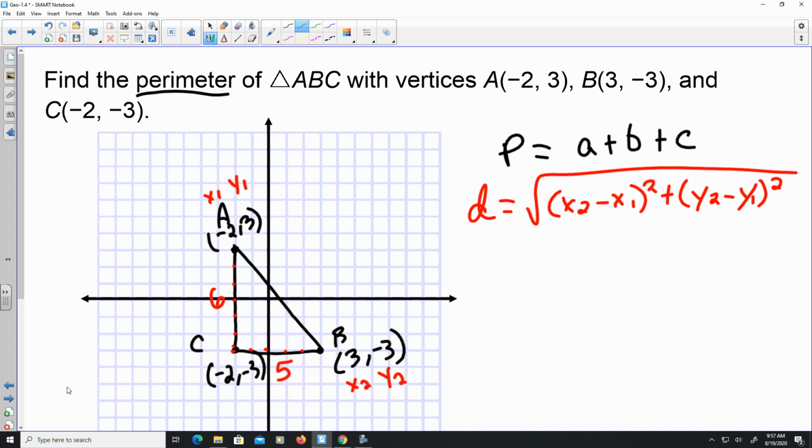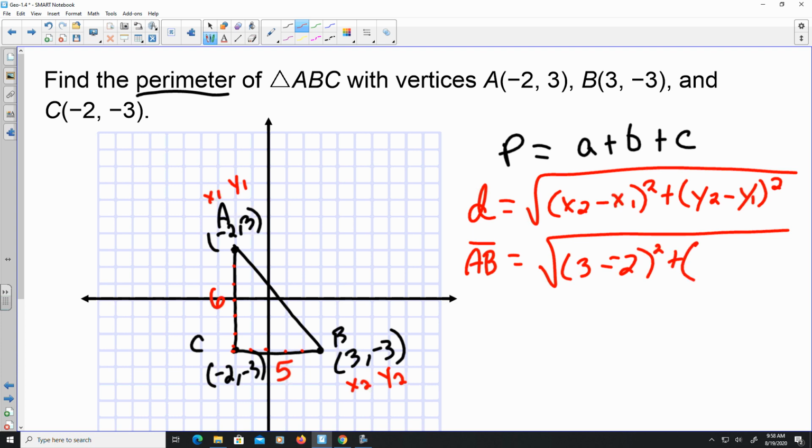So my distance, I'm going to say that AB will be equal to, and x2 is what, 3 minus a negative 2 quantity squared plus y2, which is negative 3 minus 3 quantity squared.